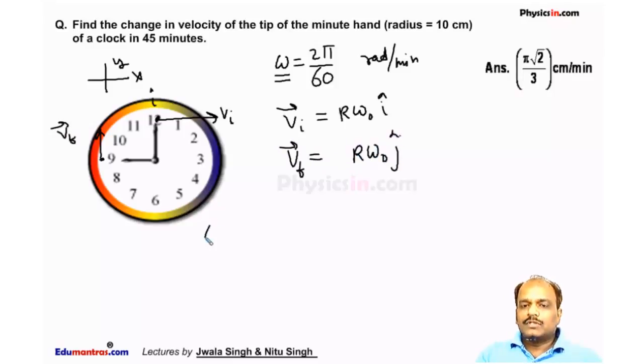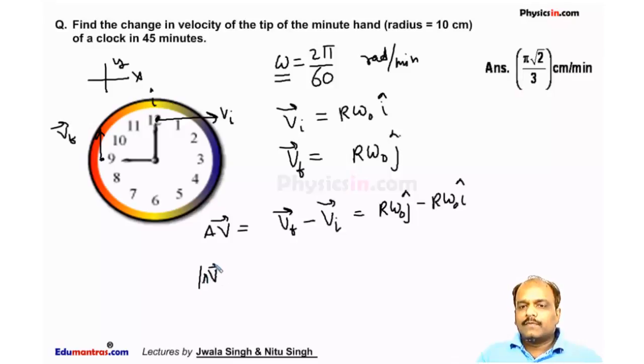So the change in velocity is equal to final velocity minus initial velocity. So this is R omega naught j cap minus R omega naught i cap. This is the total change in velocity. If I take the magnitude, delta V is equal to root 2 times R into omega naught.